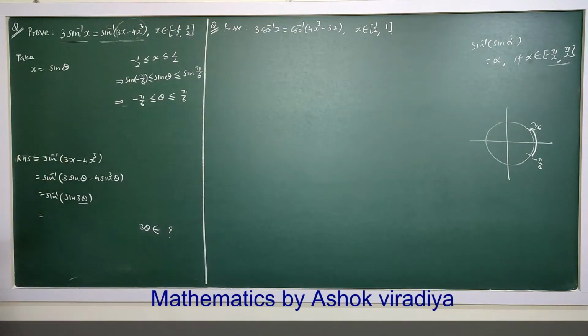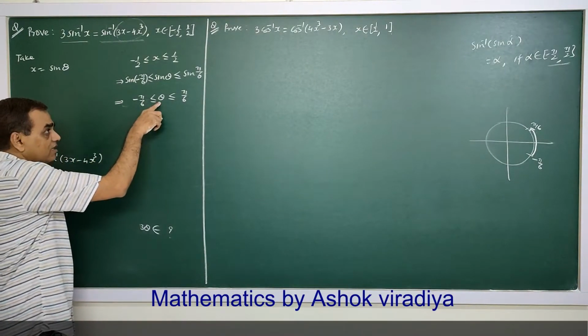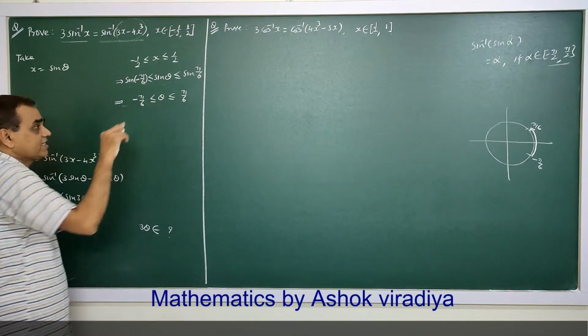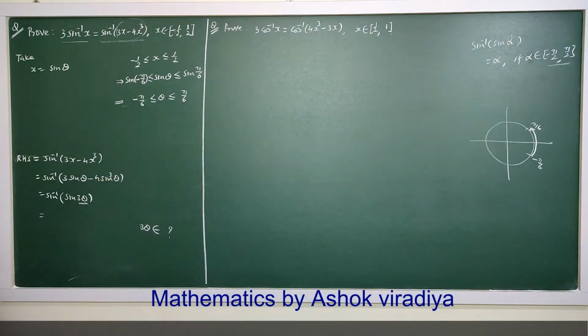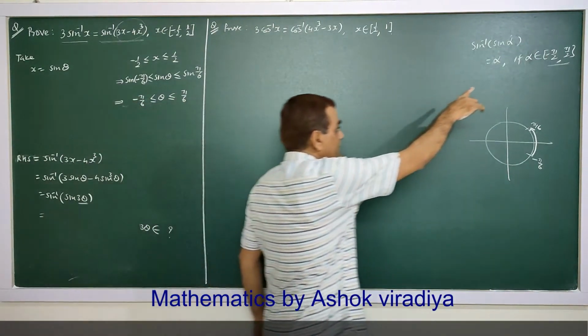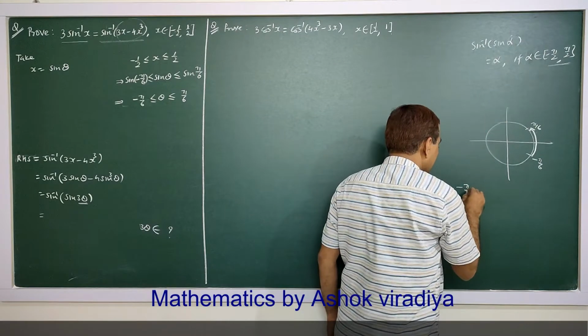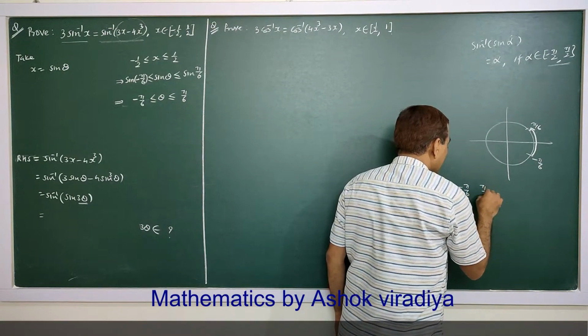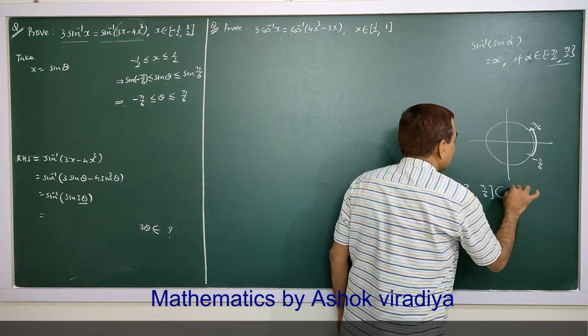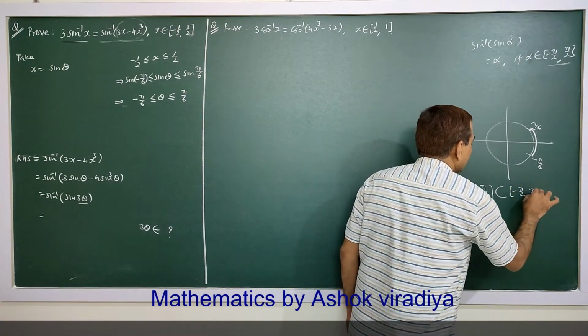So theta is in minus pi by 6 to pi by 6. That means theta is in the domain of sine. Minus pi by 6 to pi by 6 is a subset of minus pi by 2 to pi by 2.